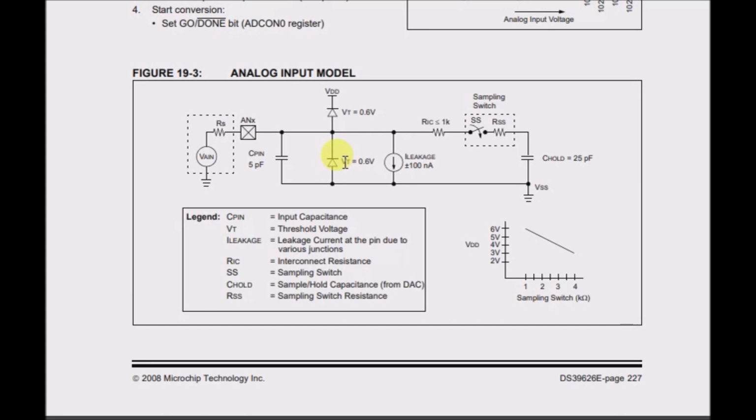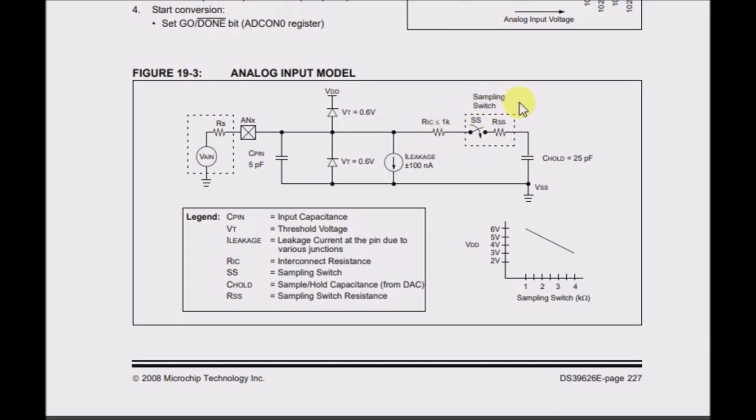The threshold voltage, VT, and then leakage, plus or minus 100 nanoamps. RIC is interconnect resistance, less than or equal to 1K.